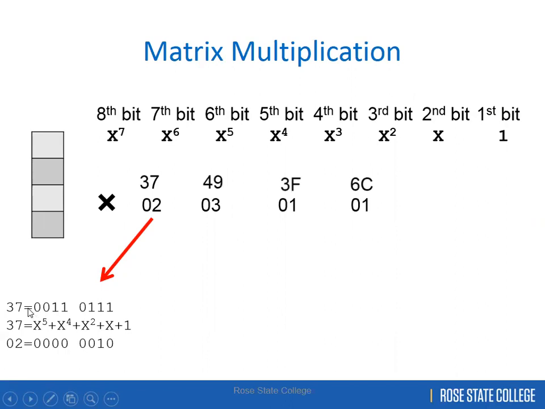So 37 is 0x to the 7th, 0x to the 6th, 1x to the 5th, 1x to the 4th, 0x to the 3rd, 1x squared, 1x, and 1. See how that works? So you see how we ended up with x to the 5th, x to the 4th, x squared, x, and 1? If you draw that top thing out, you can literally put the binary underneath it.